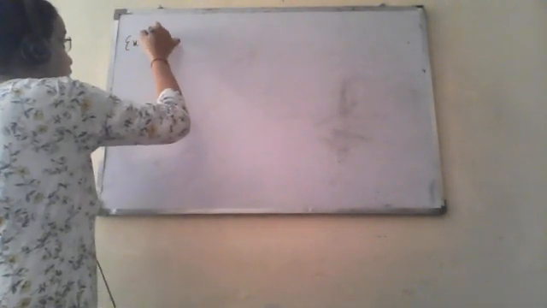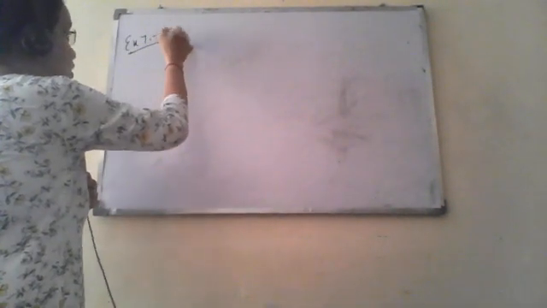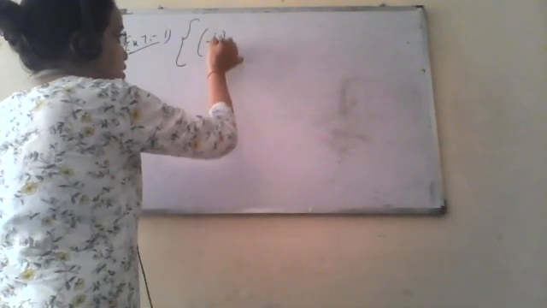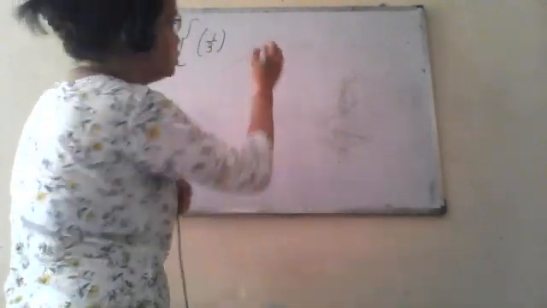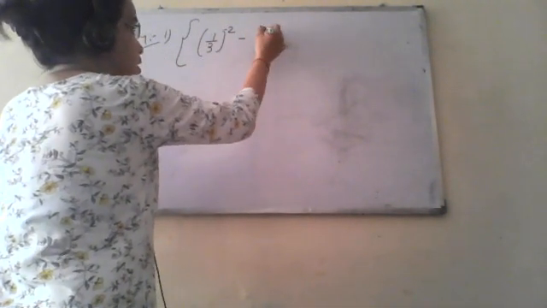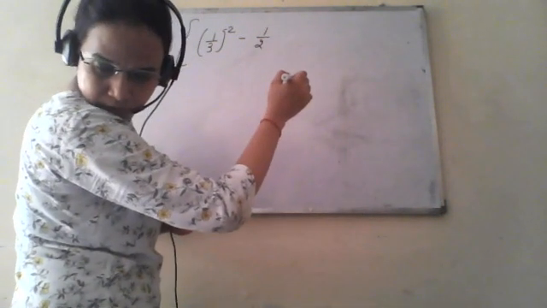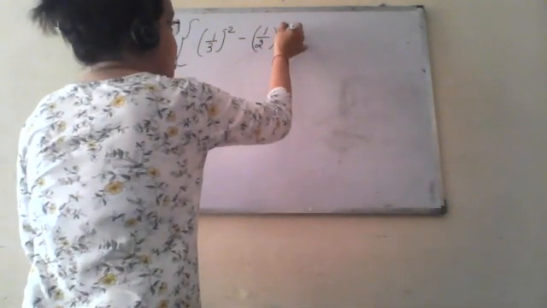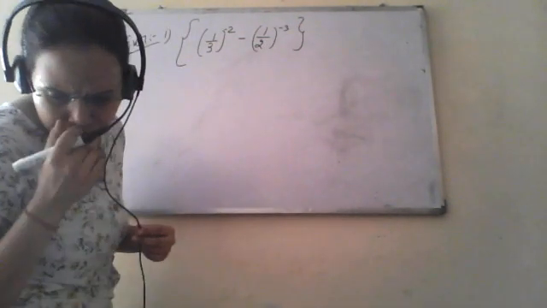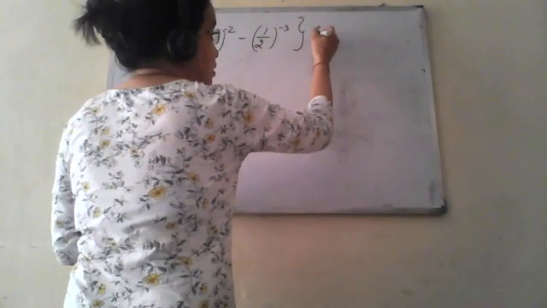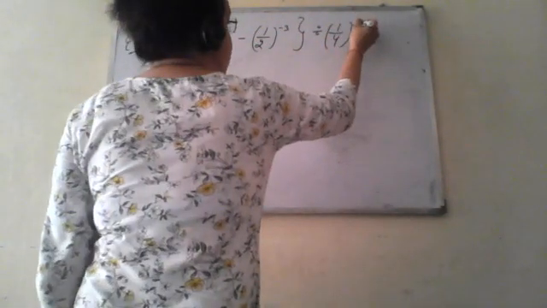We have to simplify example 7. It is (1/3) to the power minus 2, minus (1/2) to the power minus 3, in one bracket, and it is divided by (1/4) to the power minus 2.